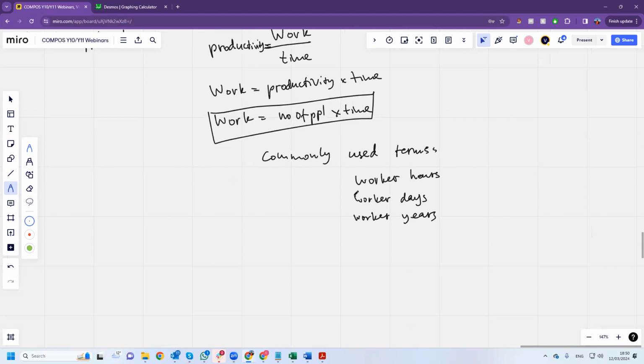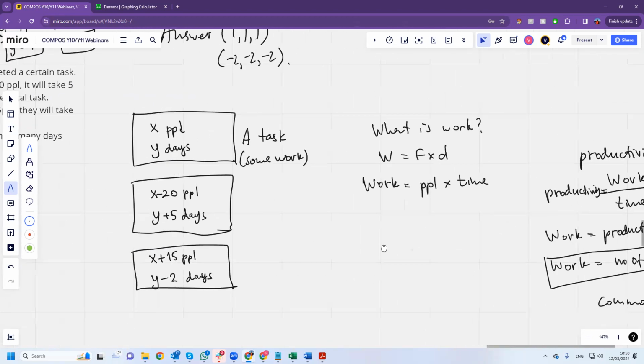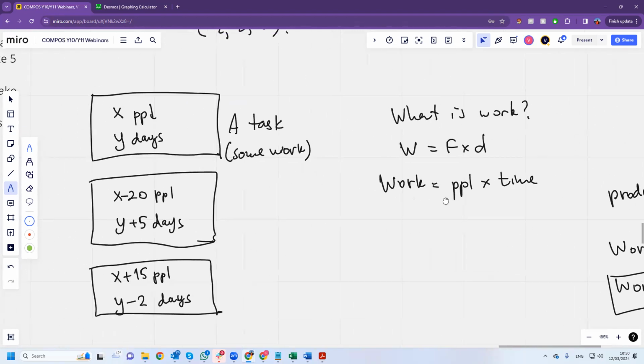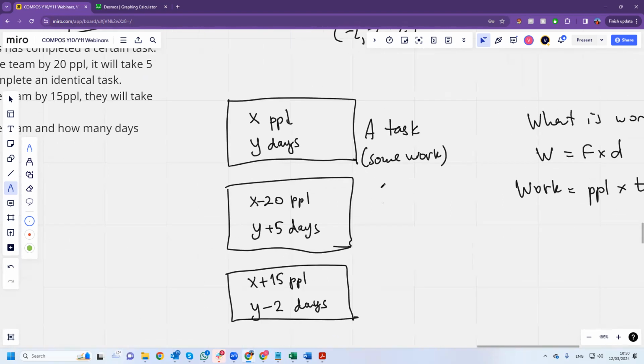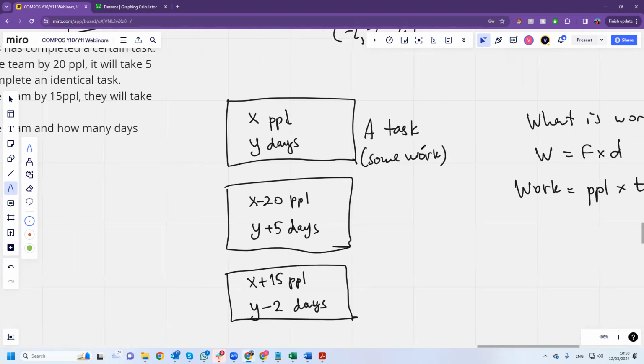I don't think we ever use kilo worker days. But if you have a certain project, you need 1,000 people to work for 1 hour, or you can have 100 people working for 10 hours doing the same amount of work, right? So hope you get a feeling for what we're talking about. So the amount of work, the task, is how much work has been done. In this case, it is xy.